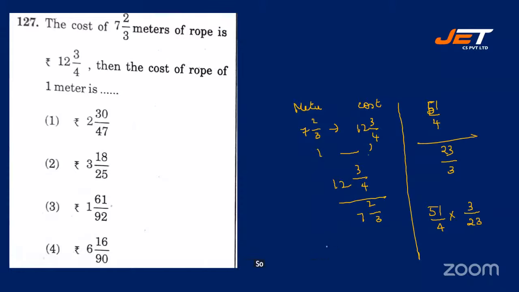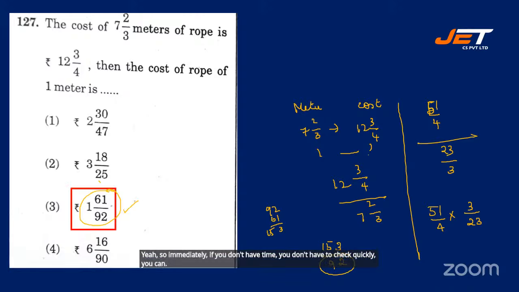So 5 threes are 15, by 3 fours are 12, 4 twos are 8 plus 1, 9, 92. So 92 plus 61. Yes, so we are getting this as the correct answer, isn't it? So when such questions are given, so there is only 192 here. So immediately, if you don't have time, you don't have to check quickly, you can choose your answers.